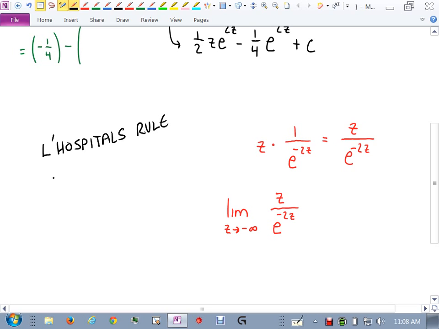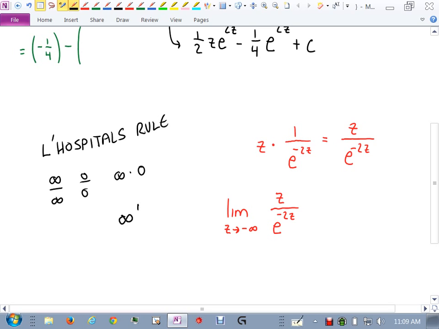Like, what do you do when you get infinity over infinity when you're taking a limit? What do you do when you get 0 over 0? What do you do when you get infinity times 0? What happens if you get something where the base wants to be 0, but the exponent wants to be infinity? Oh wait, that's not indeterminate, never mind. Infinity to the 1, something like that. These are all called indeterminate forms.